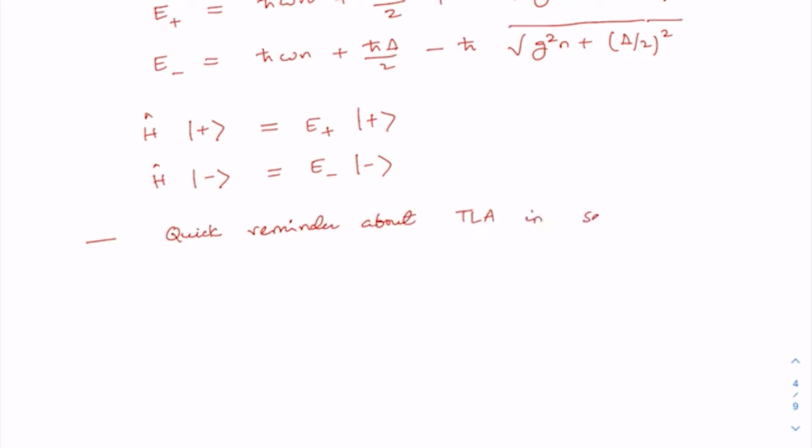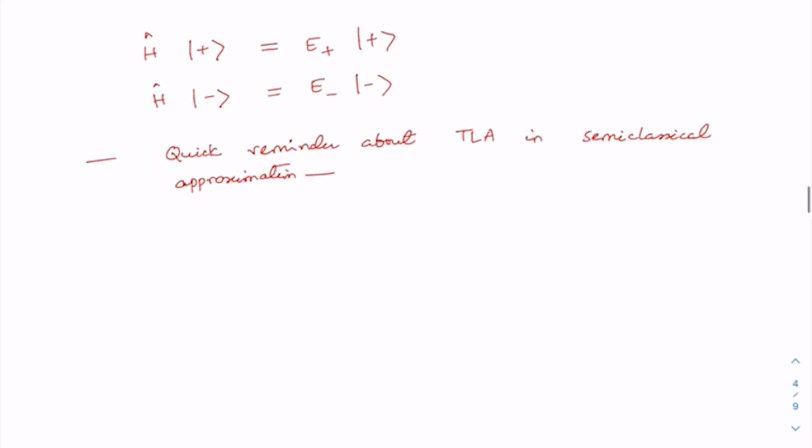In the semi-classical approximation we did that, because there the atom was considered to be quantized. It has quantized energy levels, and the electromagnetic field was considered to be classical, and there we got these results. If you recall the Hamiltonian we wrote there in lecture 5, it was h cross times 0, omega by 2.